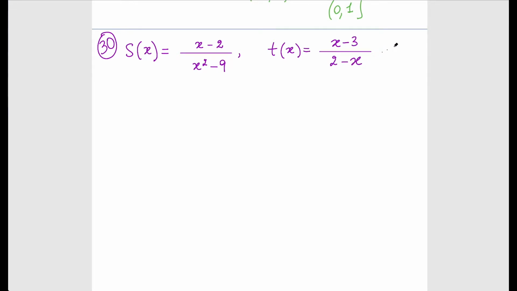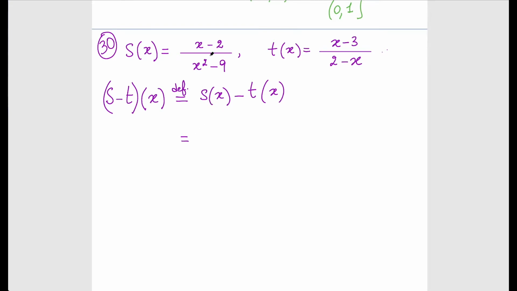And the question is, find s minus t, the difference function between s and t, acting at x. By definition, this is simply s of x minus t of x. That's how the difference of s and t operates, right? S of x minus t of x.